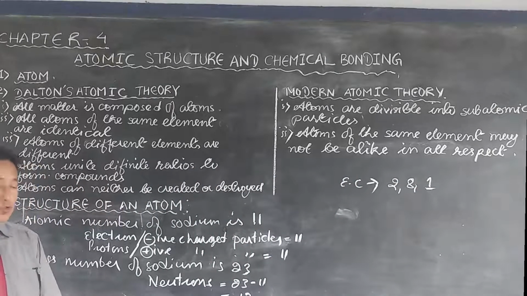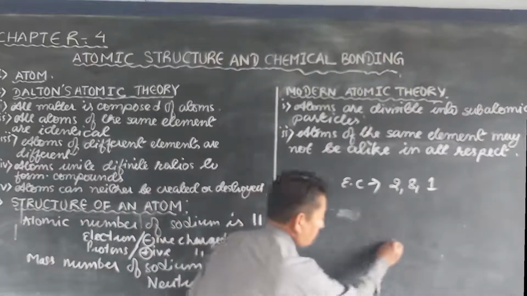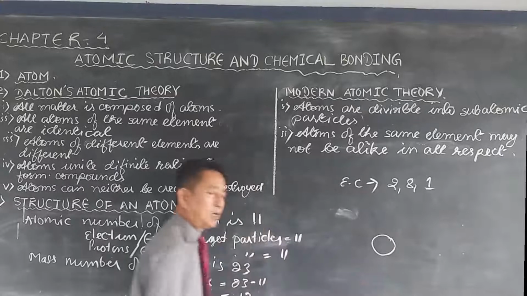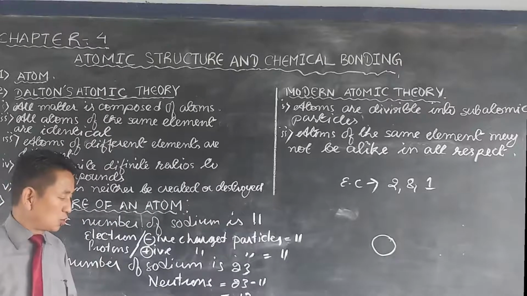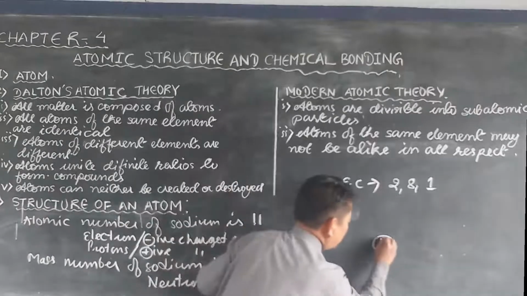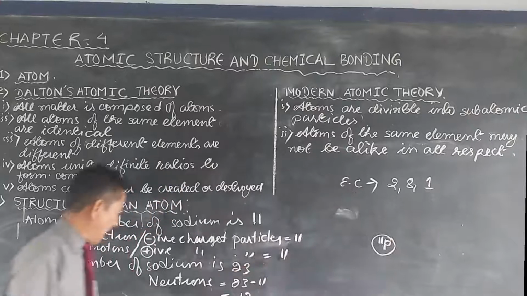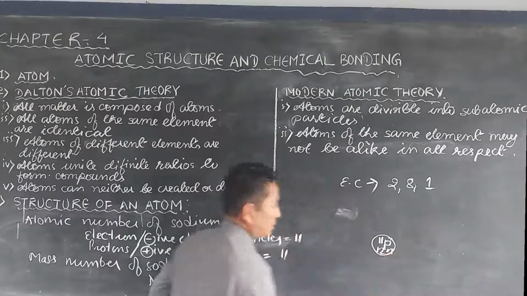Now here I will draw the orbital structure of sodium. Here the nucleus is the central part of an atom. It contains protons and neutrons: 11 protons and 12 neutrons.